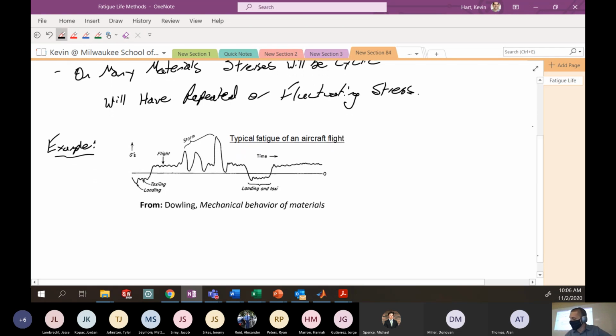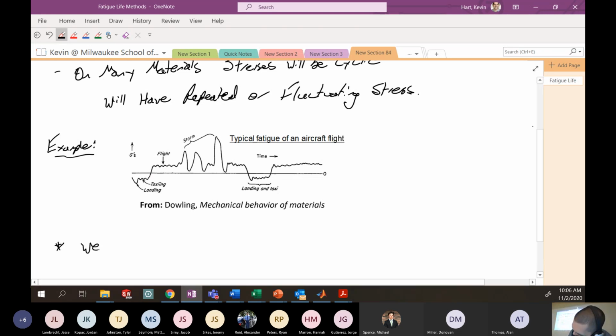And so what we want to do is create some models that might predict, if we have all this fluctuating stress, how is that reducing the overall strength of the piece? Or am I going to run into failure with these really cyclic loads before I might predict it with some of the other theories?